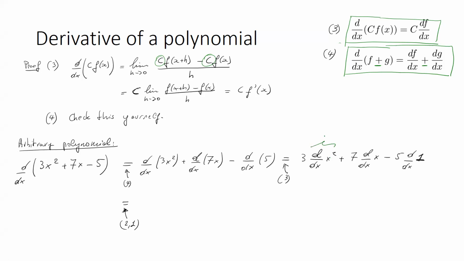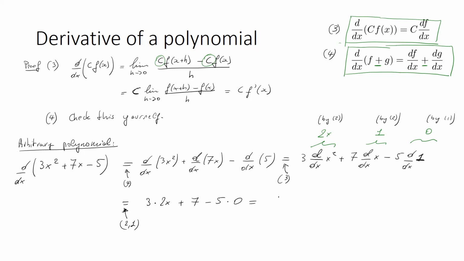So d/dx of x squared, that's 2x. d/dx of x, that's 1. And d/dx of a constant, that is just 0. So this is by rule number 2, also by rule number 2, and this is by rule number 1. And then if we put it all together, we get 3 times 2x plus 7 times 1, minus 5 times 0.